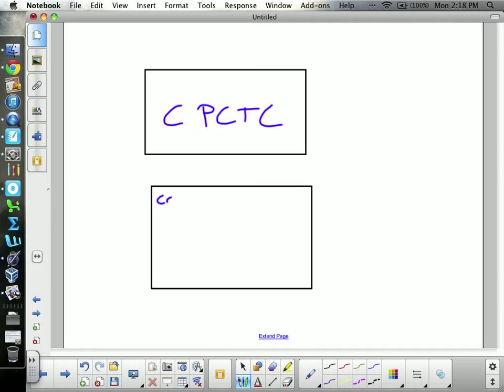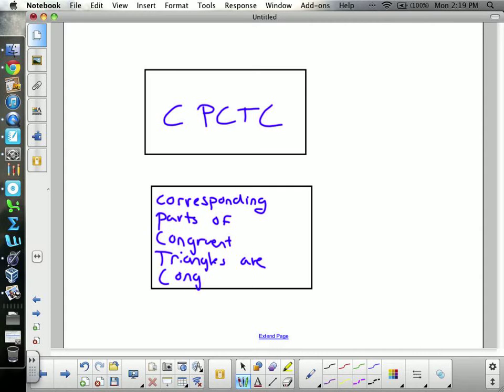Back side, what it means: Corresponding parts of congruent triangles are congruent. Okay. So there it is.